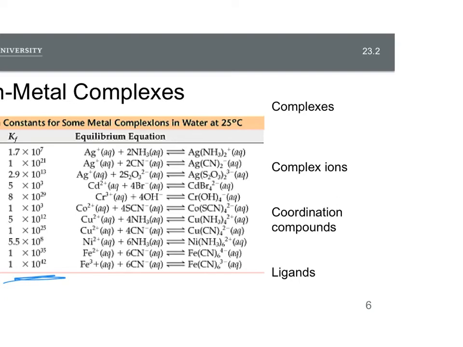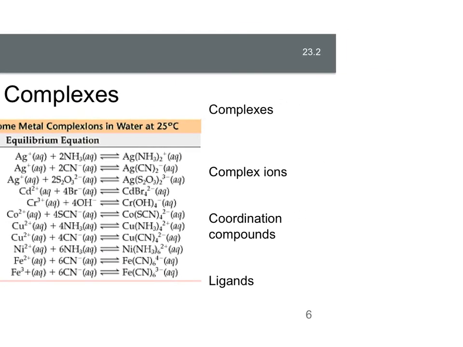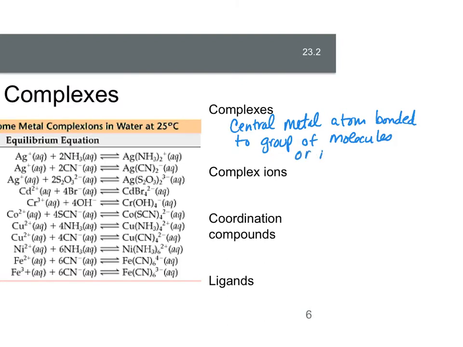So complexes, that term simply means you have a central metal atom that's bonded to some other type of molecule or ion. So, central metal atom bonded to a group of molecules or ions.